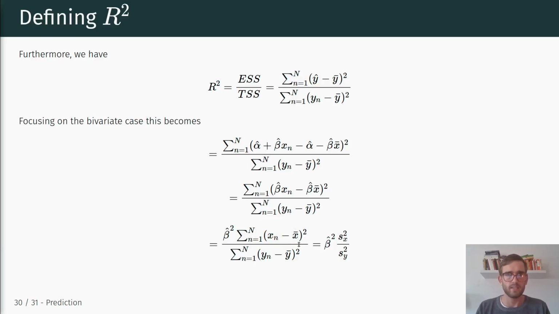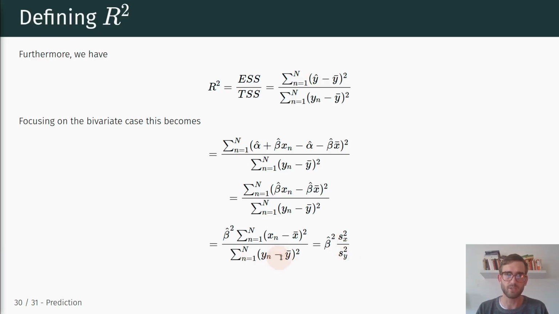Then, if we divide by 1 over n in the numerator as well as in the denominator, these are equal to the sample variance of x divided by the sample variance of y.